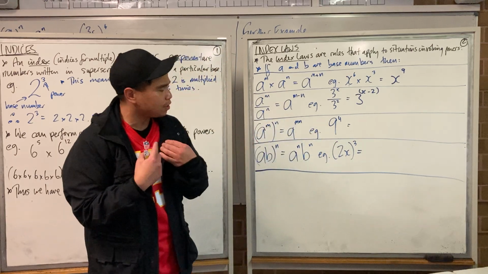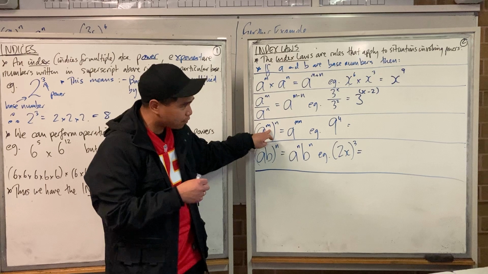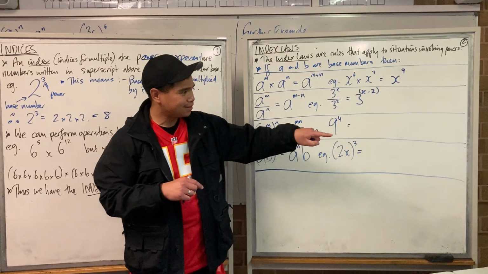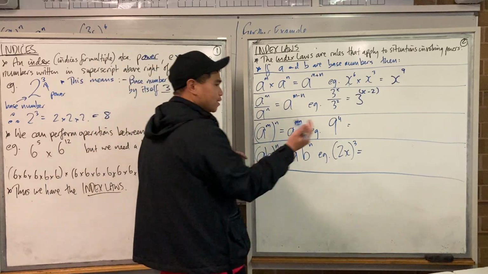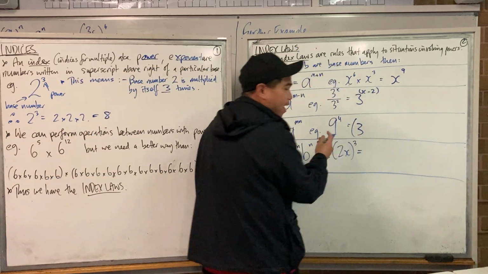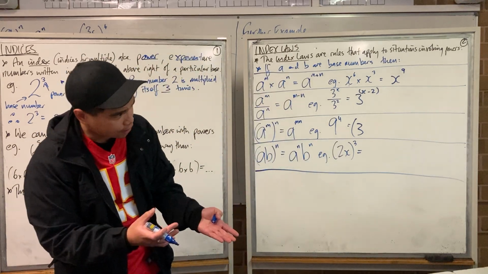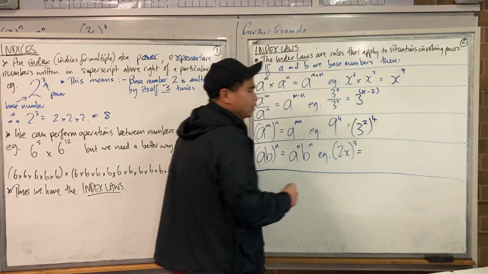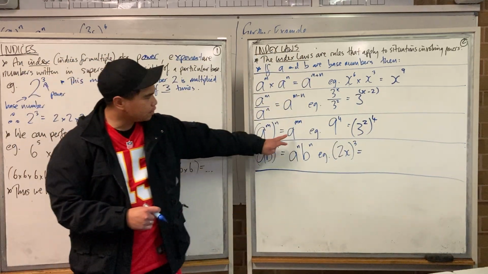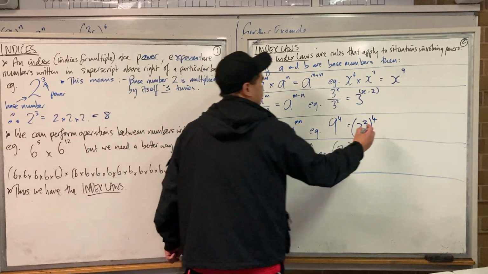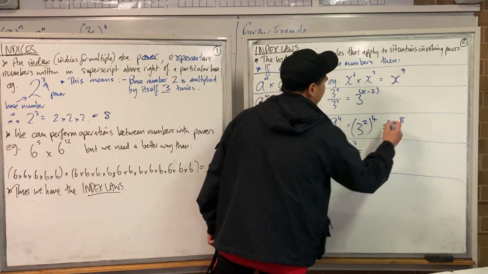Aren't you supposed to be showing me a number raised to a power, then raised to a power again? Is there a number that I... Good. So, she's seen that it is this situation. 9 is 3 squared. 3 squared to the power of 4. And then according to this rule, what do we do with those powers? You times them. So it's going to be 3 to the power of 8.